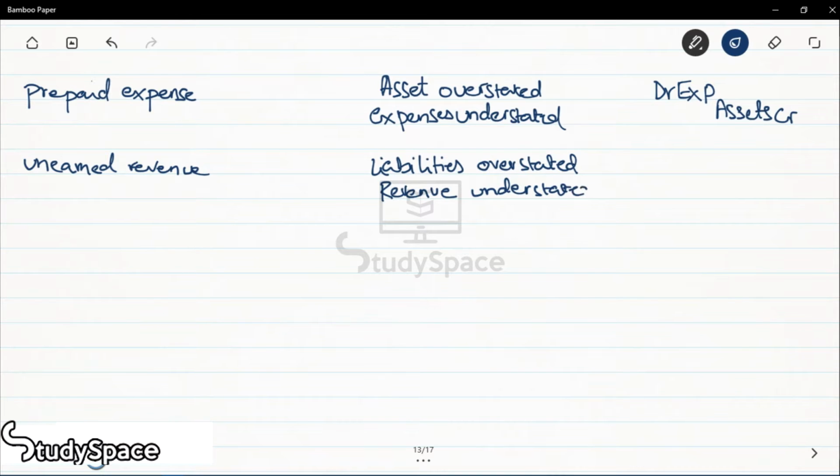Therefore, the adjusting entry for this is a debit for liability and a credit for revenue.